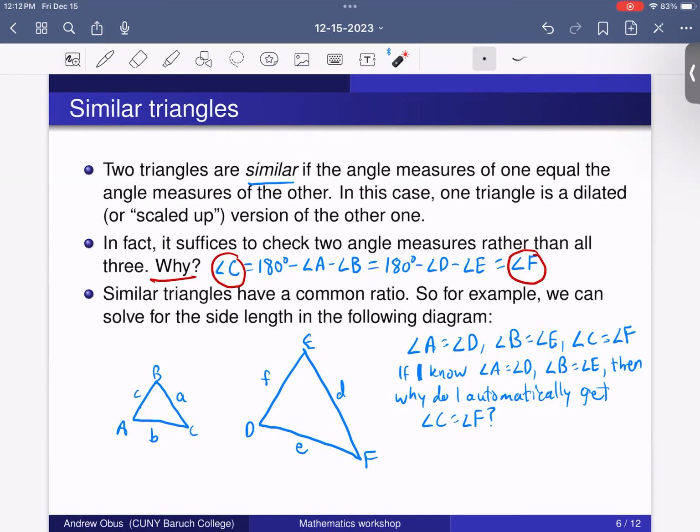It's good enough to just check two angles, and then the third angle follows for free. All right, does this make sense? Any questions?